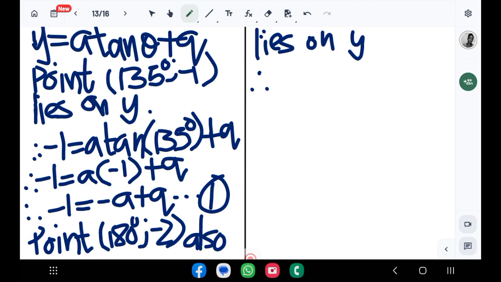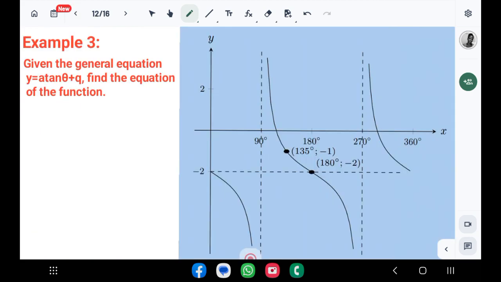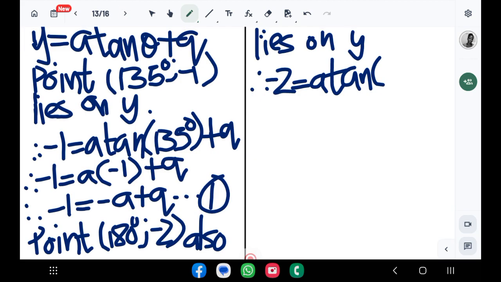Therefore, we substitute that: negative 2 equals a tan of 180 plus q.